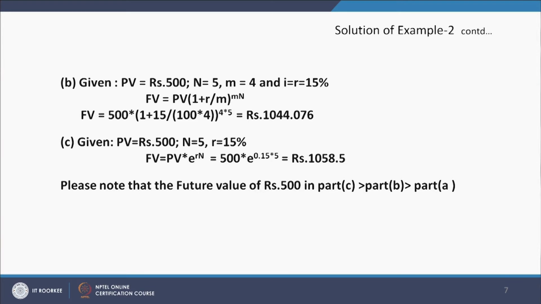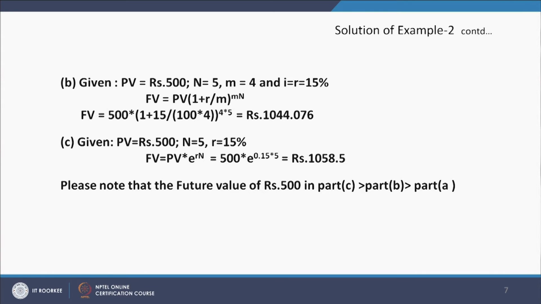This is the equation for discrete compounding. So, FV is equal to 500 into (1 plus 15 by 100 into 4), and the overall power is 4 into 5, that is 20, which comes out to be 1044.076.